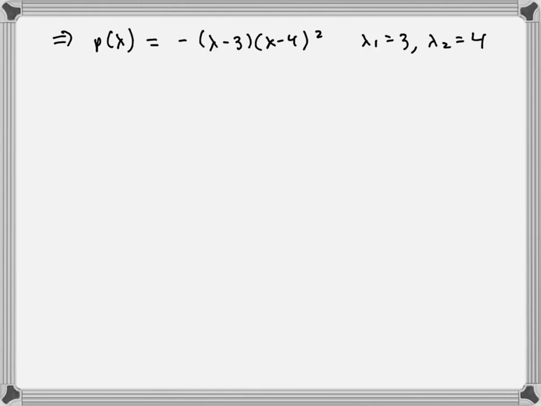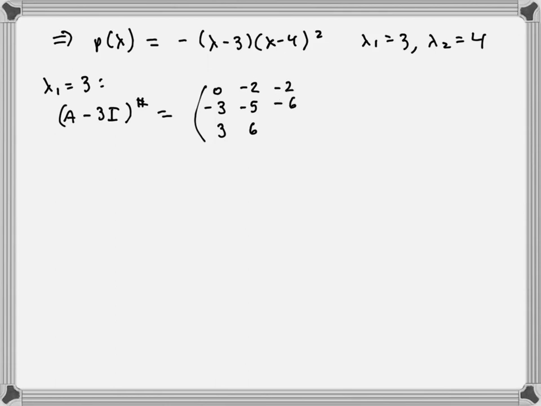Okay, so first let's do lambda 1 equals 3. We're going to do A minus 3I augmented. This is equal to 0, negative 3, 3, negative 2, 5, 6, negative 5, and then negative 2, negative 6, 7, and then 0, 0, 0, right?